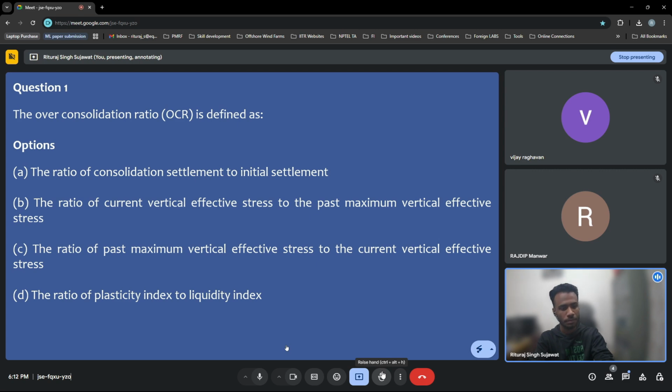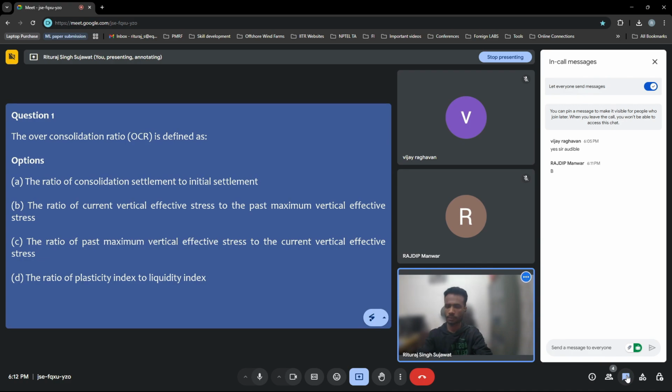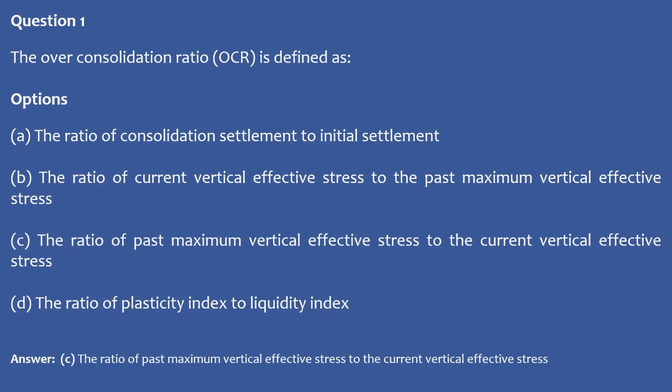Yeah, Rajdeep, you can verify your answer once again. So the correct answer is C. It is basically the ratio of the past maximum vertical effective stress to the current vertical effective stress.